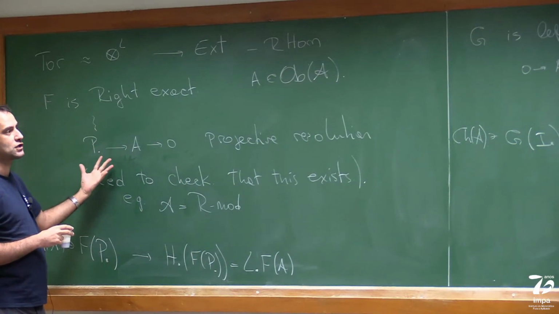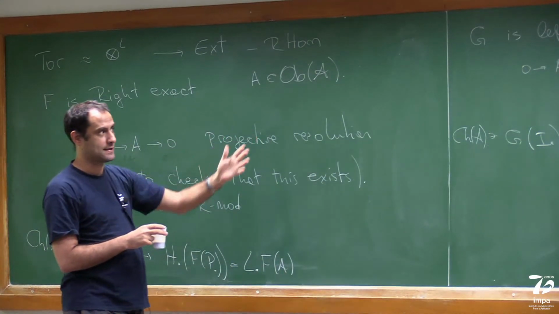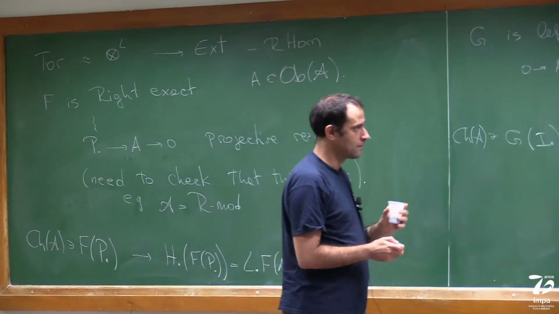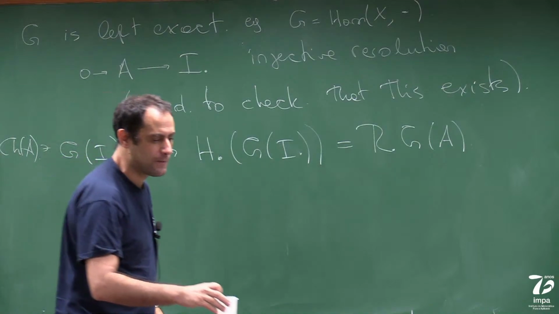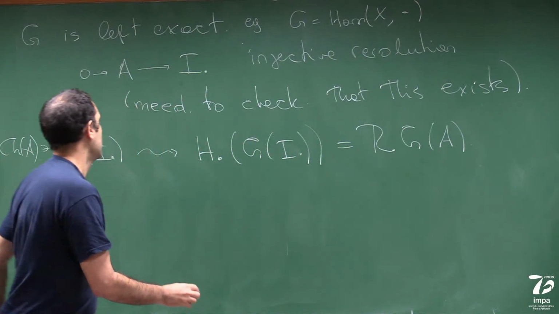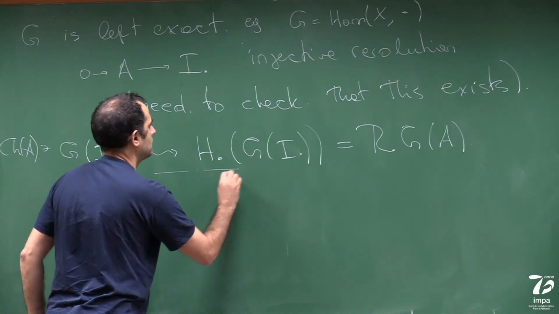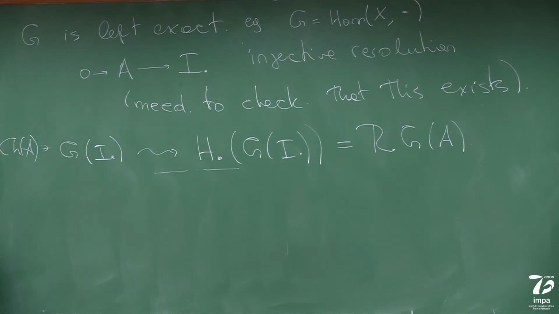So we did that construction, turn around arrows, and you get the same construction for injectives. But we need to check that the category of R-modules has enough injectives. This we haven't done, so this is different.